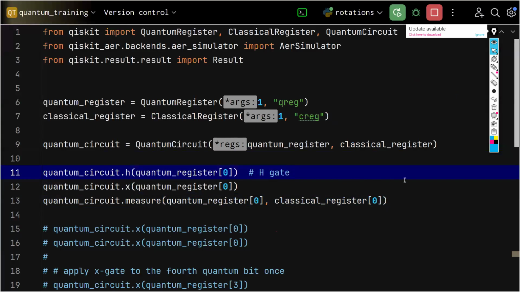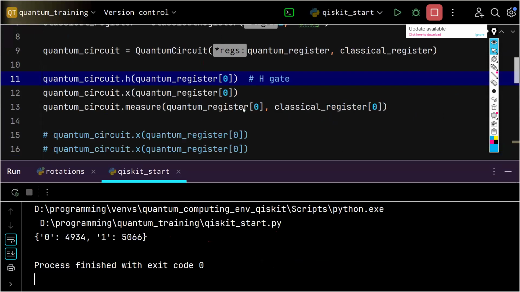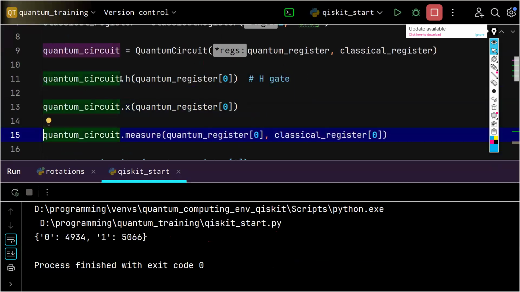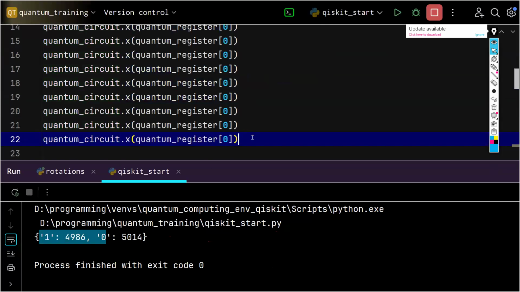So I will reverse these operations. And what you will notice is that after we apply the H gate, the X gate had absolutely no effect. No matter how many times I append this operation, it won't have any effect.